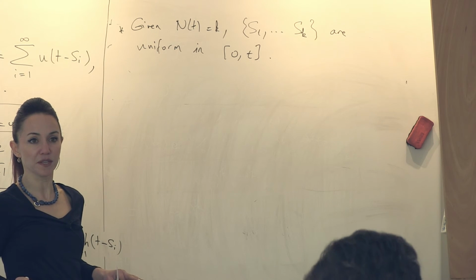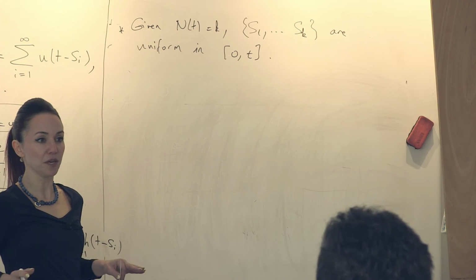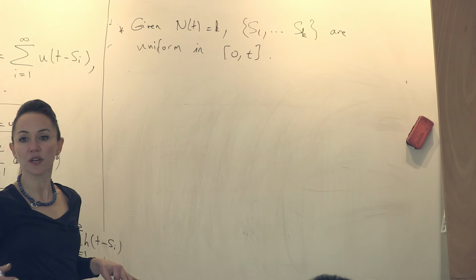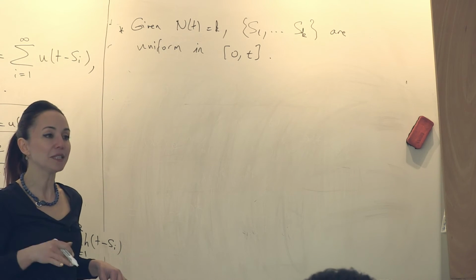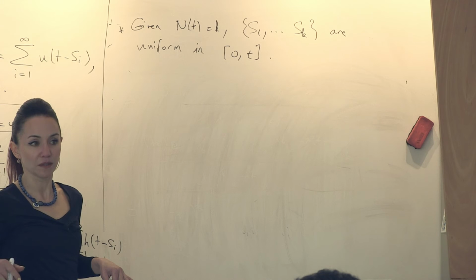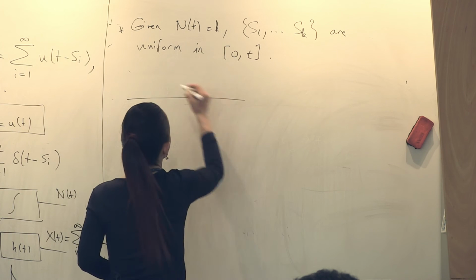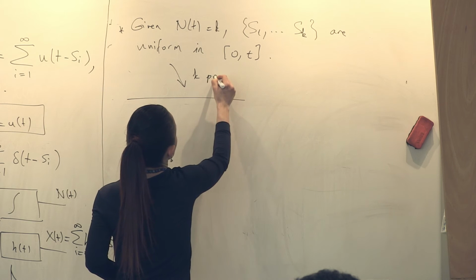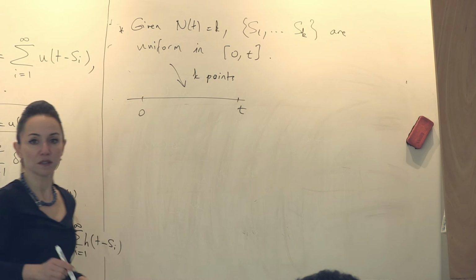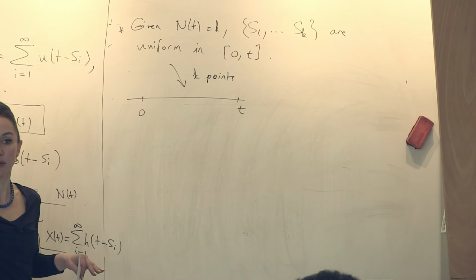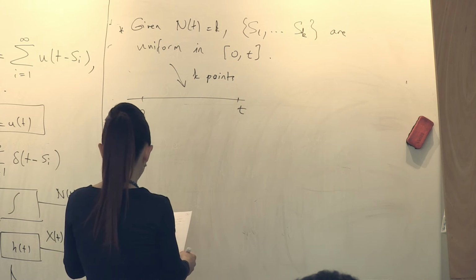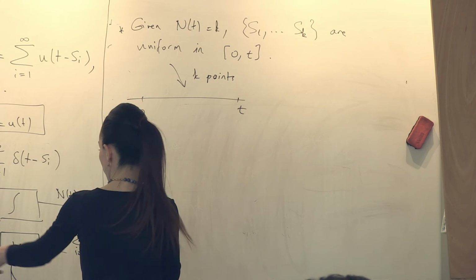So in a Poisson process, given that there are k arrivals in a time interval of size t, they are each uniformly distributed in that interval, which means each point is equally likely to fall anywhere. I'm throwing k points into the interval from 0 to t, and they're equally likely to fall anywhere. So we will use that fact to compute this expectation.